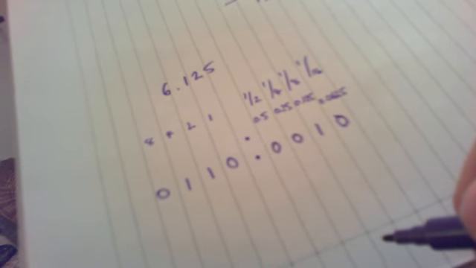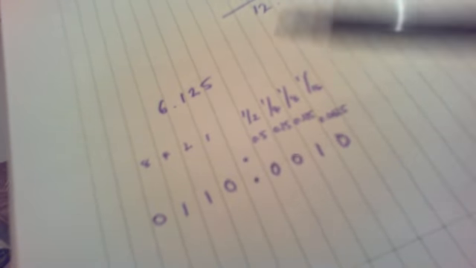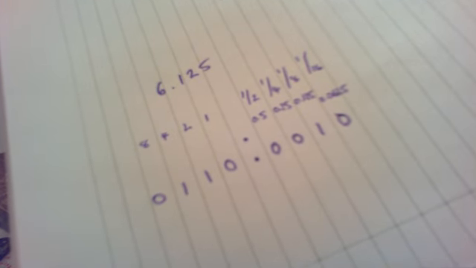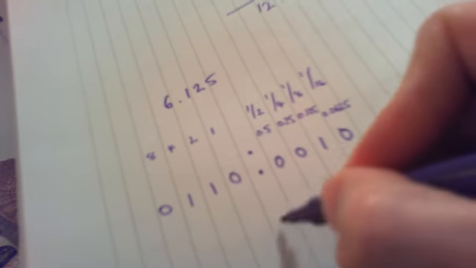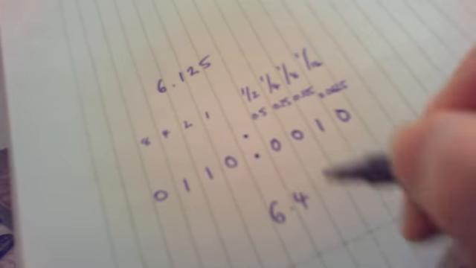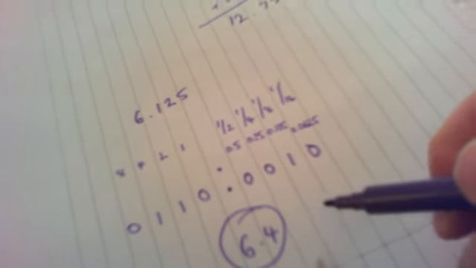No lots of the 1/16. So that's a really nice easy one, because 6.125 fits in perfectly with our number system. But a more interesting number is 6.4, and this here is where the accuracy becomes a problem.